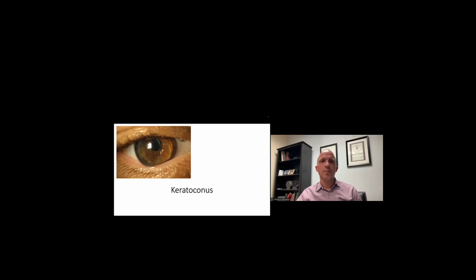And just for a moment, try to imagine yourself functioning in life with a contact lens like what he's wearing in his right eye. Well, thankfully now in the year 2023, we have the availability to fit this type of patient successfully in a scleral contact lens. And it is certainly a life-changing improvement for this patient.